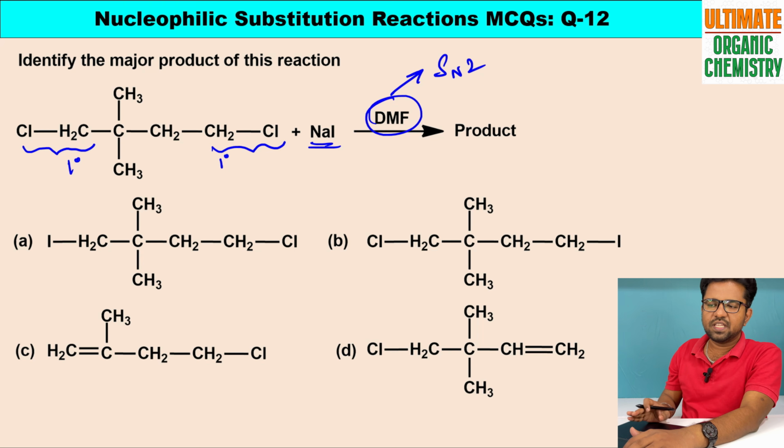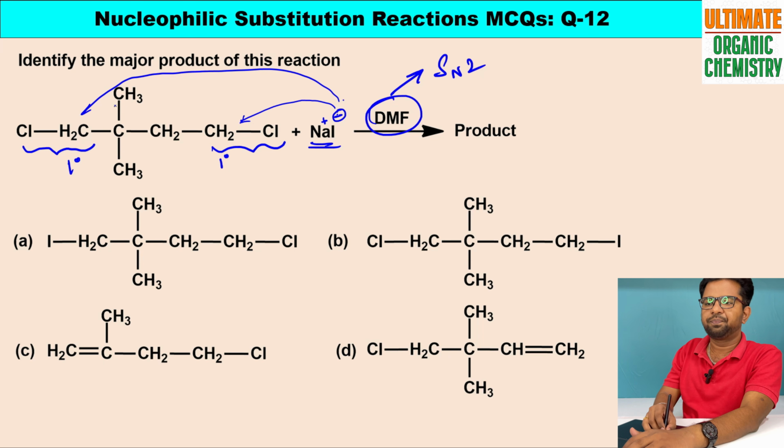Now which part of this reactant will undergo reaction with sodium iodide? Sodium iodide separates into Na plus and I minus. Now the I minus can approach this carbon atom, or it can approach the other carbon atom. Both are primary, but among them which is more reactive, that is the question.